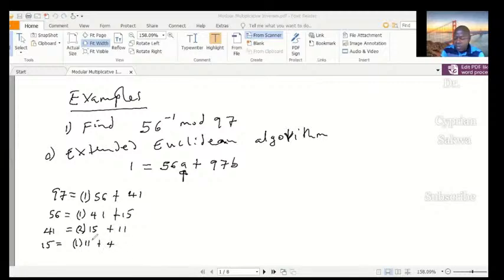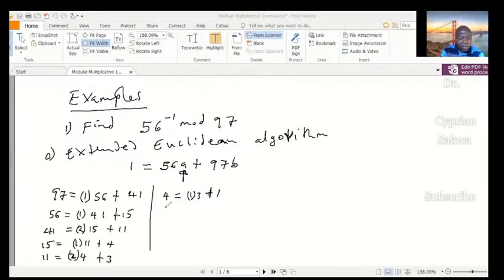And 4 goes into 11 how many times? 4 goes into 11 twice, because of 8. And 8 from 11 will be 3. And 3 goes into 4 once, and the remainder will be 1.